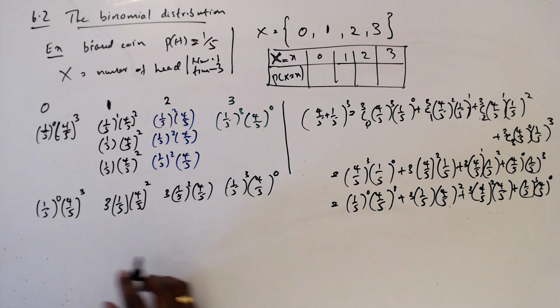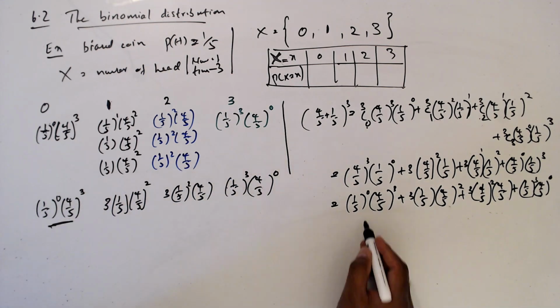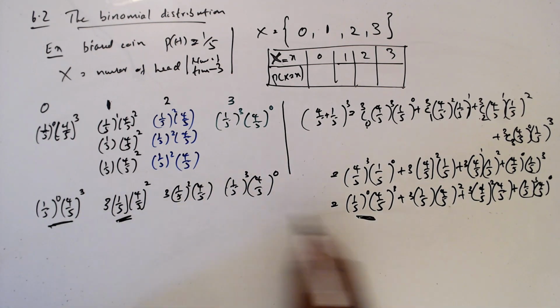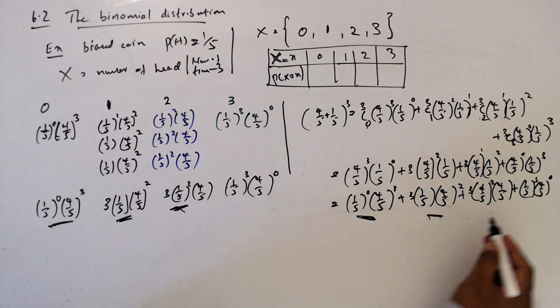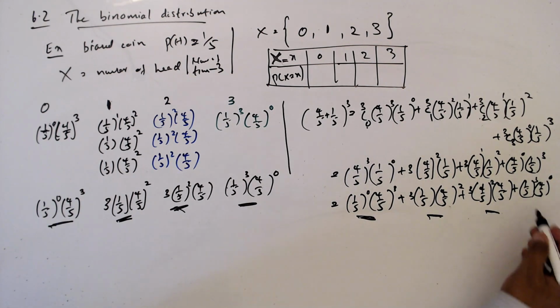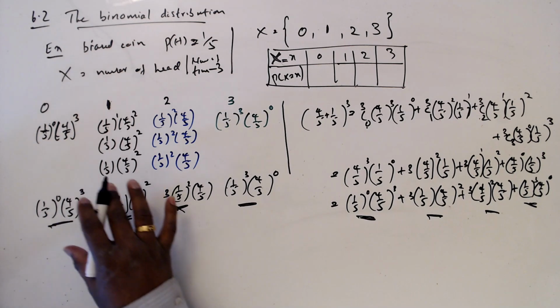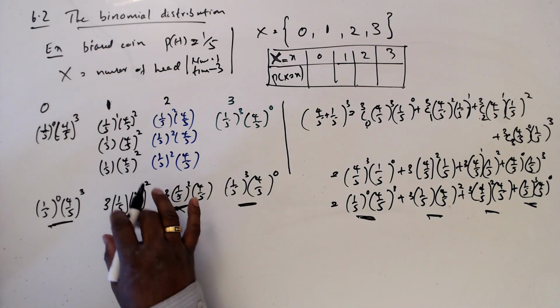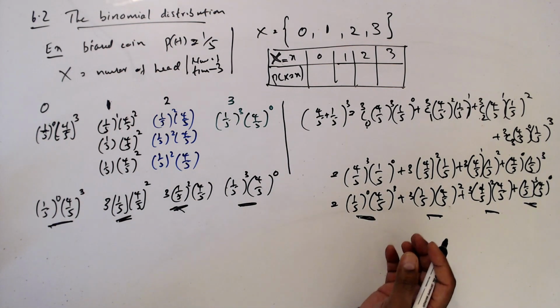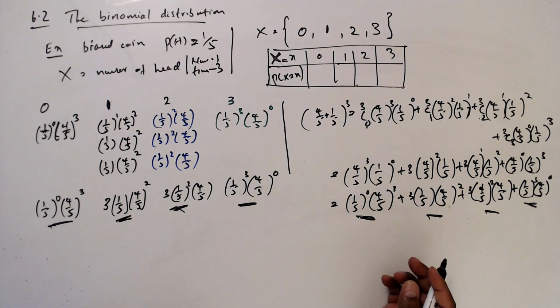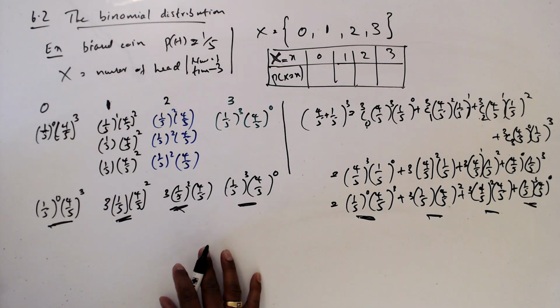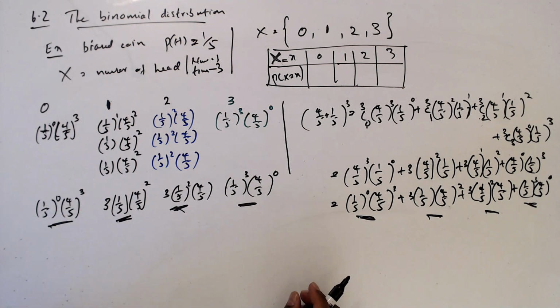That's what I did. Now you can see that these terms are the same, this one is the same, this one is the same, and this one is the same. So the conclusion is that this scenario you can present by binomial distribution.